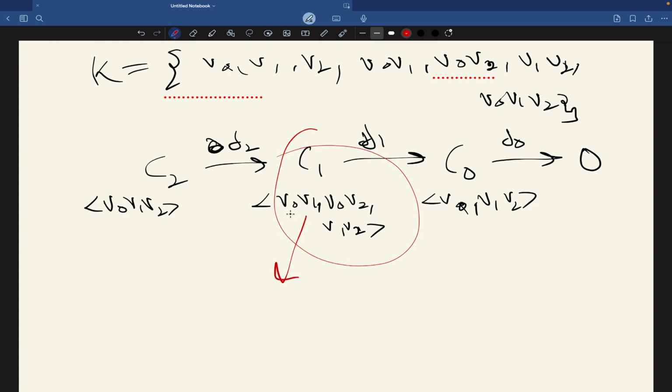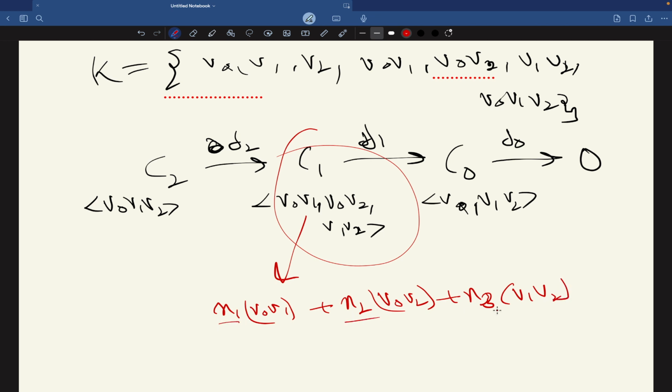I have bases v0 v1, v0 v2 and v1 v2. So in general one vector that belongs here is n1 times v0 v1, plus n2 times v0 v2, plus n3 times v1 v2. These are general coefficients; I haven't fixed any single value.